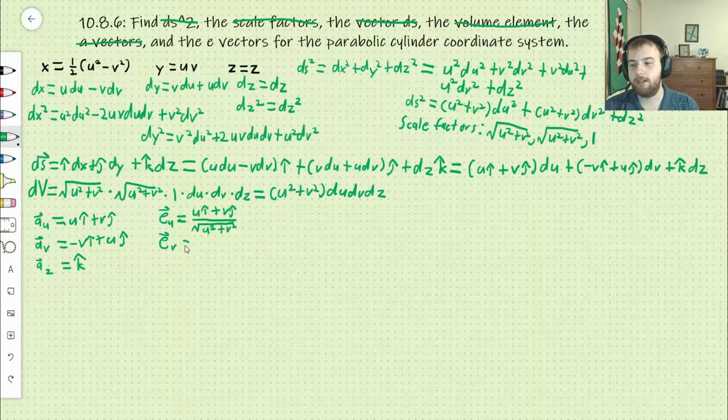This is EV: negative vi plus uj over square root of u squared plus v squared. And this is just the same, it's also k hat, but you probably knew that already because this is a unit vector, so it's not going to change anything. So these are all unit vectors now, and now you can really think of them as coordinate directions.